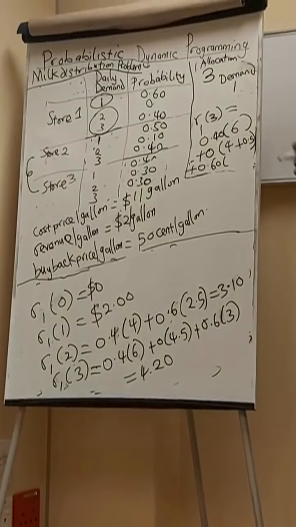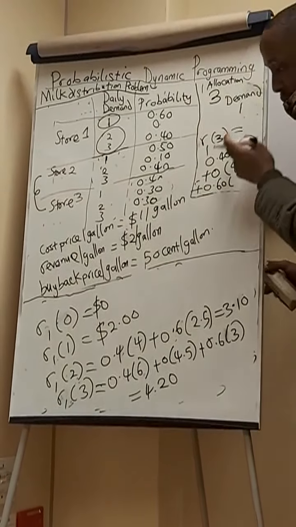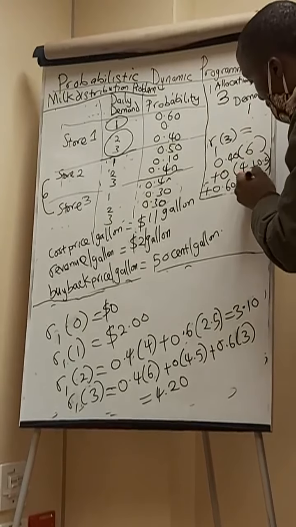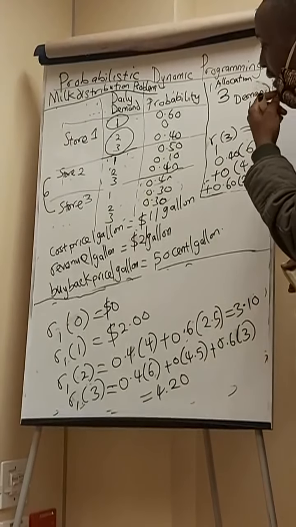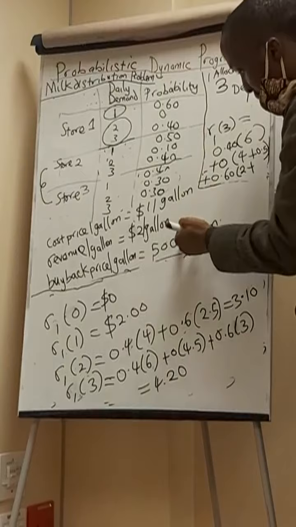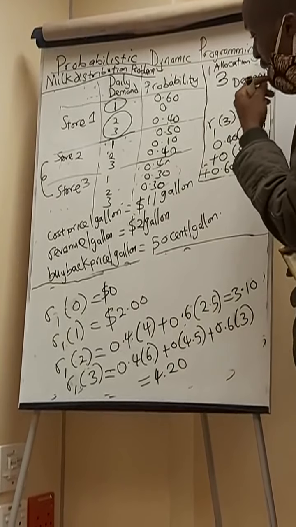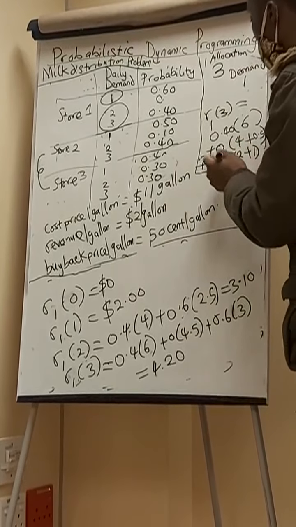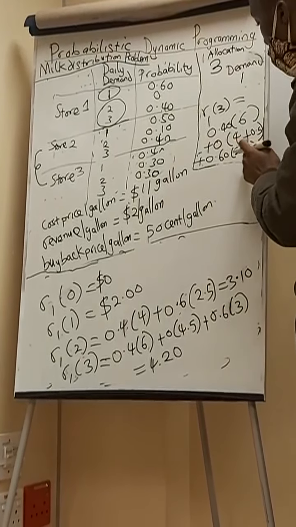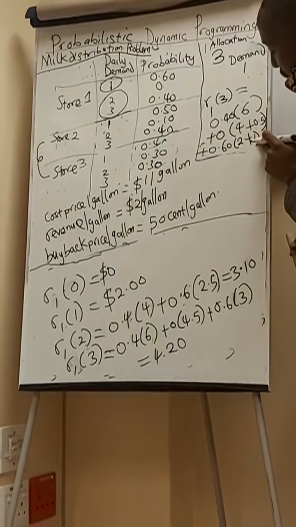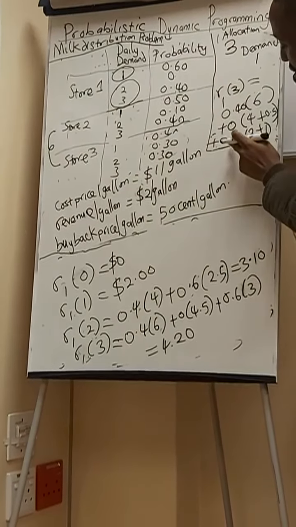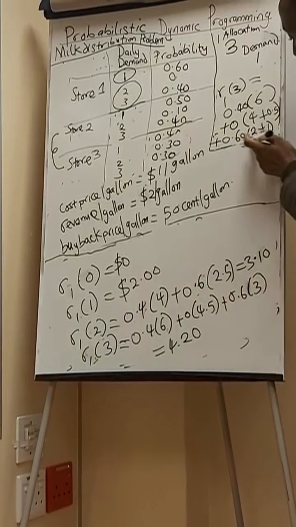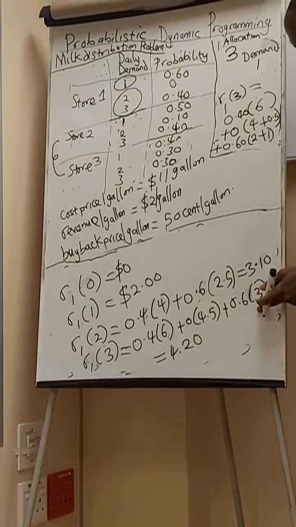And if the demand is 1, then you only sell 1 gallon for $2, plus the remaining 2 you sell back to the dairy at 50 cents per gallon each. That gives you 2 times 0.50, which is 1. So that's 2 plus 1, which is equal to 3. That's how we got 0.6 times the bracket 3. You can see it here.